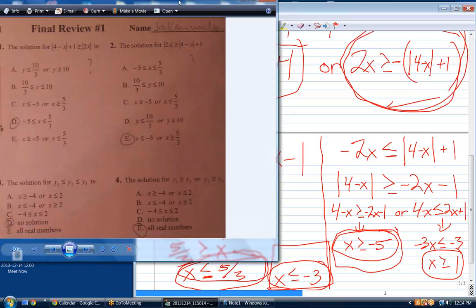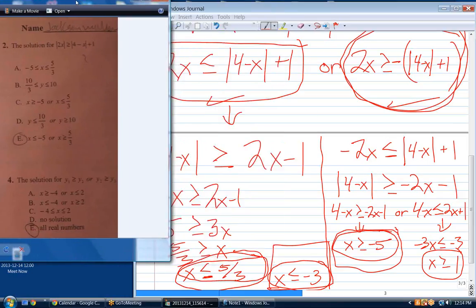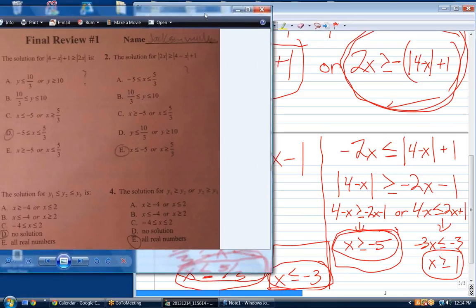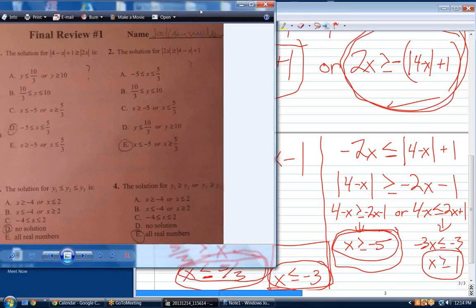Number 2. Is number 2 any different than 1? Yeah, it's got everything on the other side. So the question is, can we save ourselves any effort here? It would appear so.